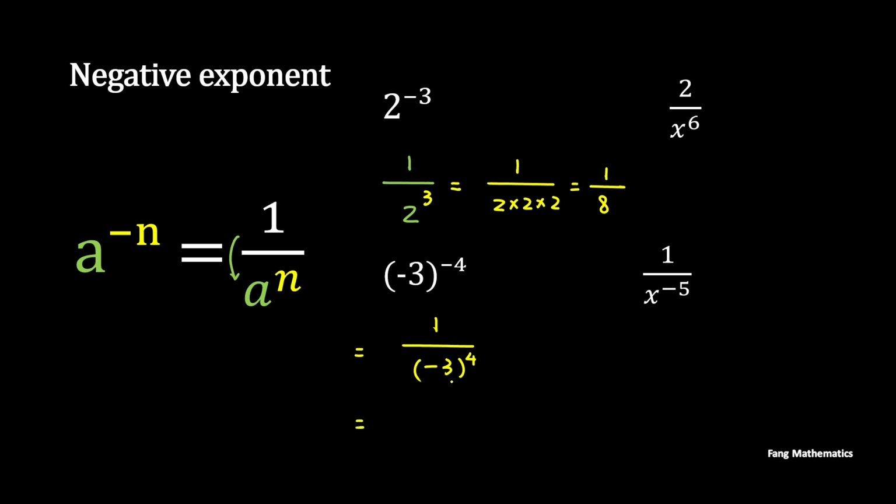And let's simplify that. Your minus 3 is at the denominator, so minus 3 is being multiplied by itself 4 times. And I believe ultimately you should get your answer as 1/81.